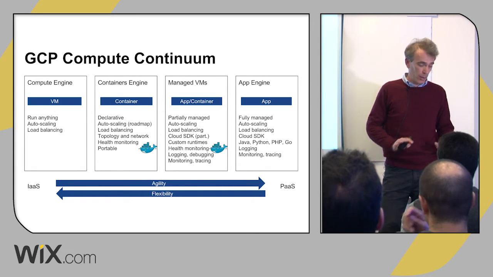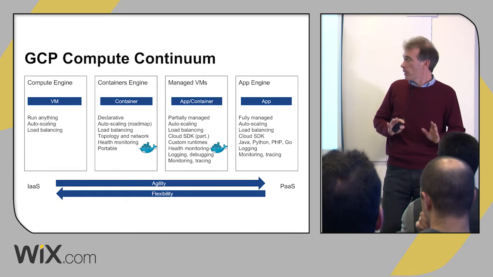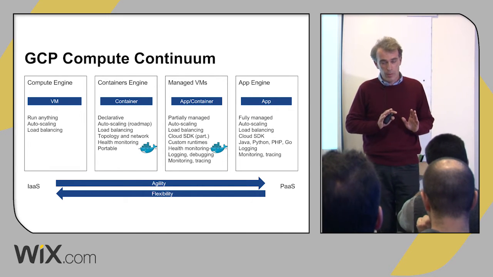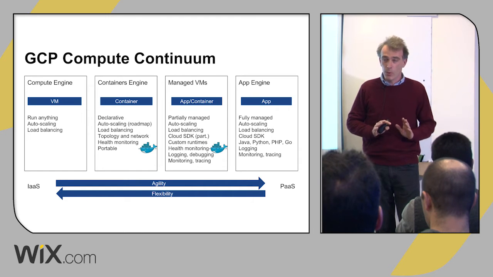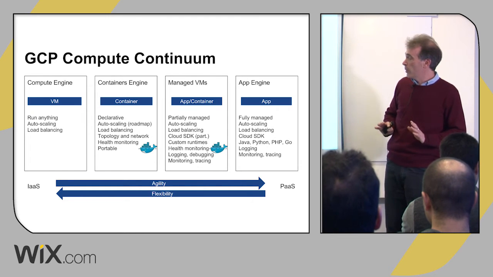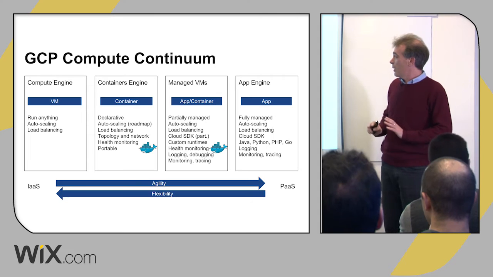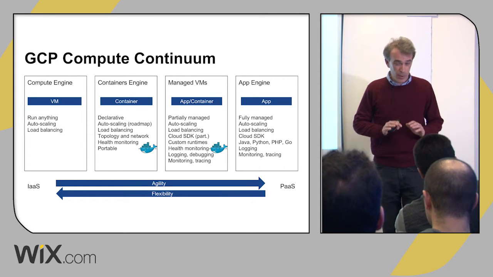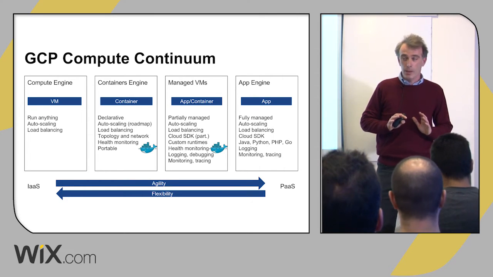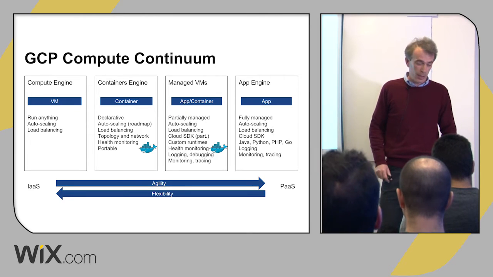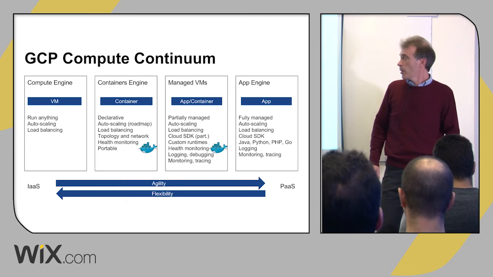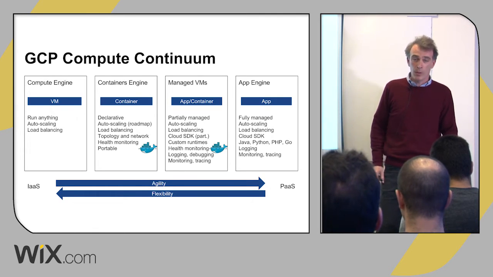But today we have Container Engine, a container management system developed by the Compute Engine team. And we have Managed VM, which we can also think of as a container management system, created by the App Engine team. A lot of overlap between them. We will deep dive today into both of them, and we will see what they have in common.